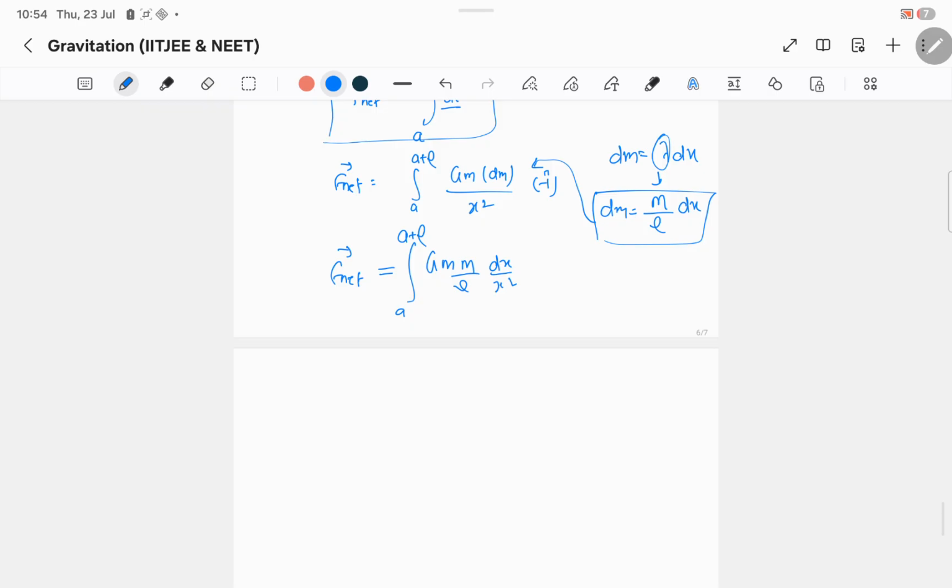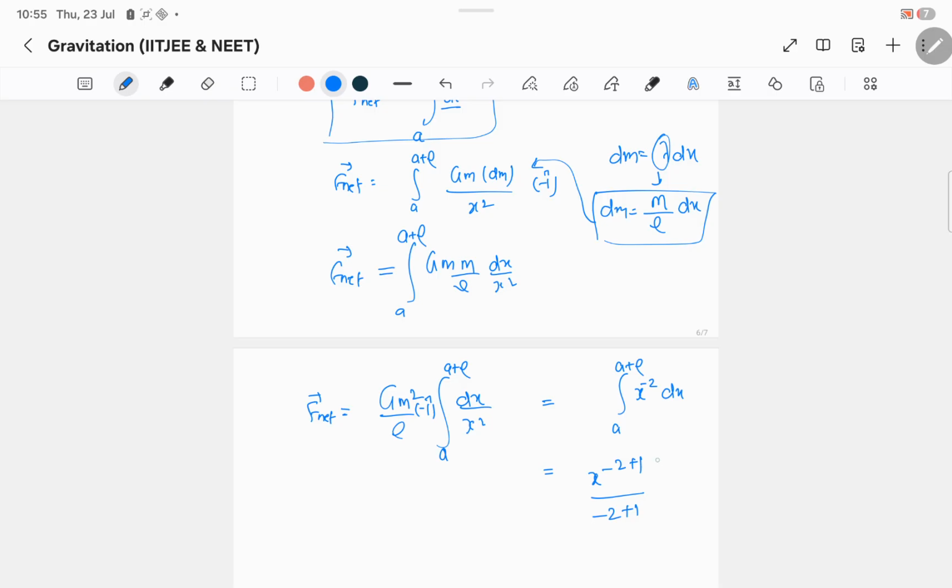Now we have to solve this integration. Take G M square by l common, and the integration of dx by x square, which you can easily solve. Minus i cap I will take out. The integral of x to the power minus 2 dx from a to a plus l gives x to the power minus 2 plus 1 by minus 2 plus 1.